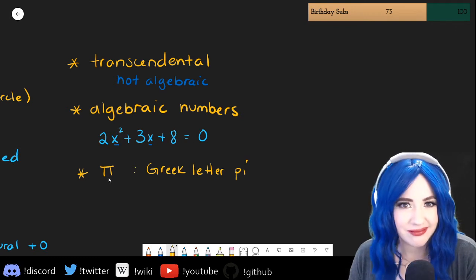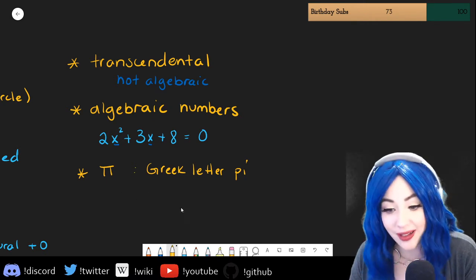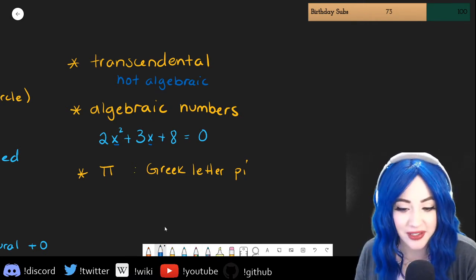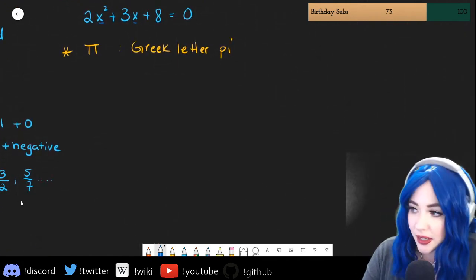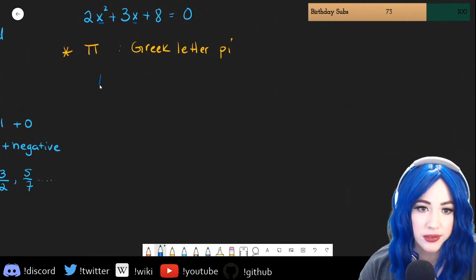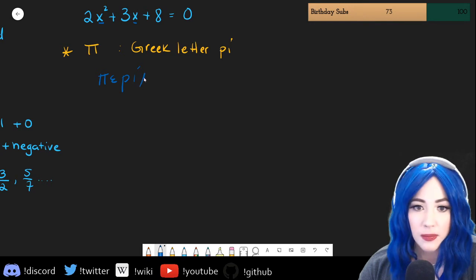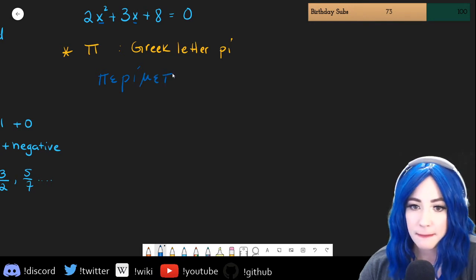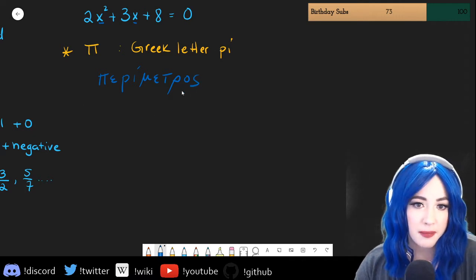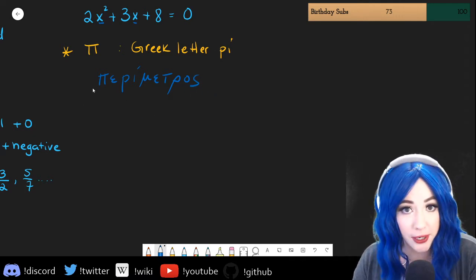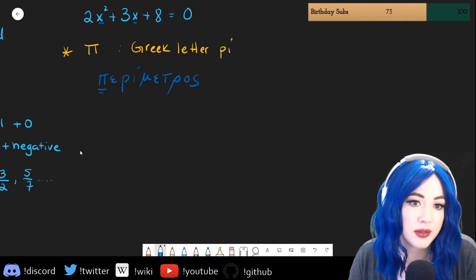Why pi? Why this letter? Well, I'm going to put on my linguist hat for a second. So, in Greek, the word parametros, which I have to remember where the accents are, parametros in Greek, perimeter for us in English, starts with pi.